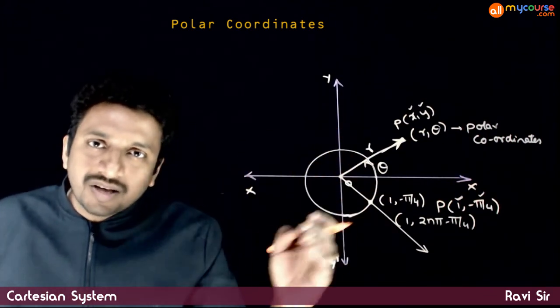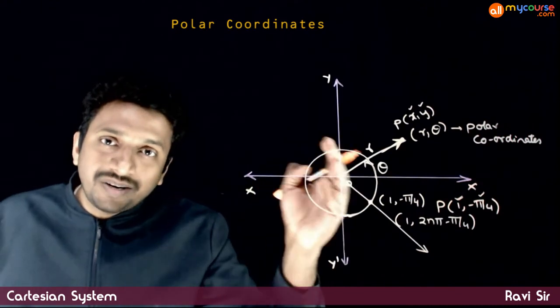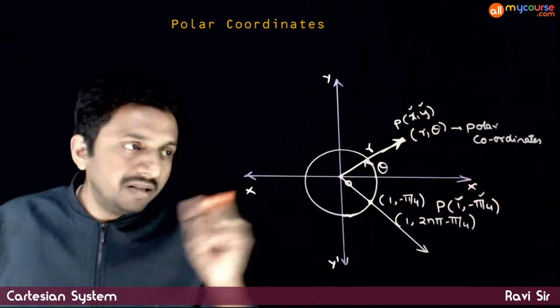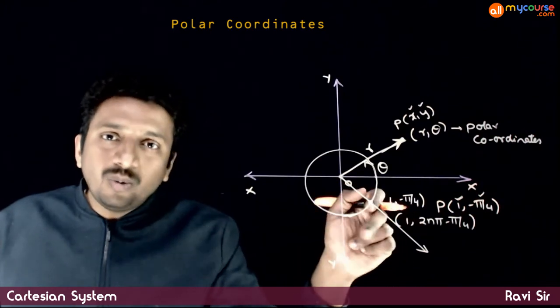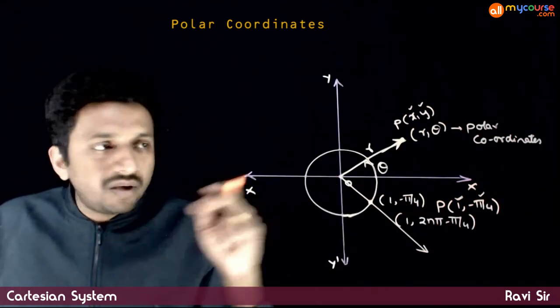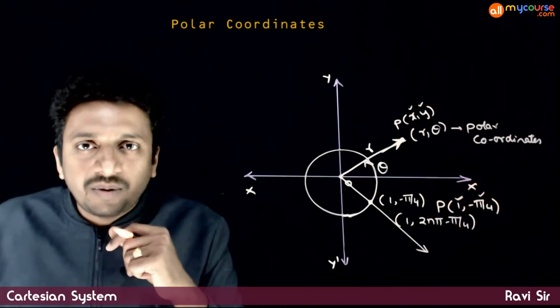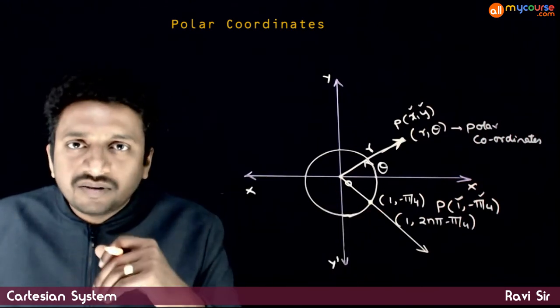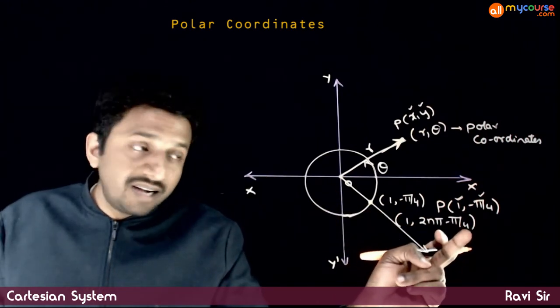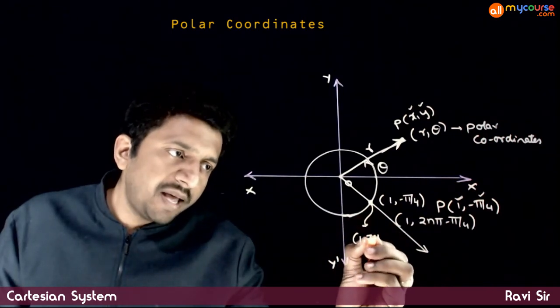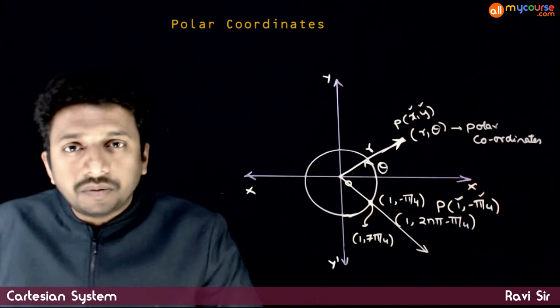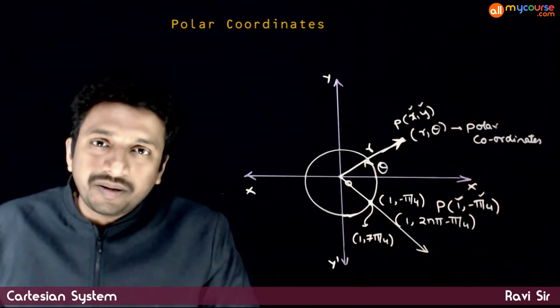The position of the ray keeps repeating itself after every rotation. So minus pi by 4 is also the same as 2 pi minus pi by 4. If I rotate through 2 pi minus pi by 4, again the ray stops here. So 7 pi by 4 also represents the same point.